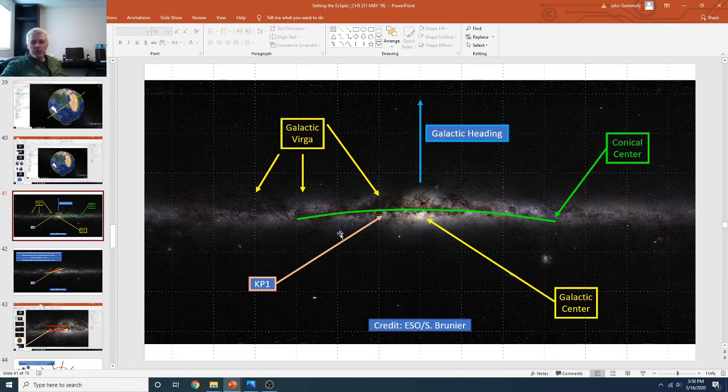We have a conical center going on right here, and it's because of the pressure beneath from the universal jet stream that is what guides our galaxy through. So in the very same way that the galaxy is rotating and pushing our solar system through space, this is now the galaxy.